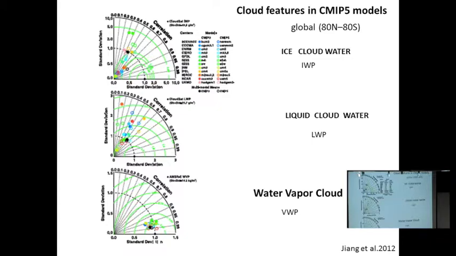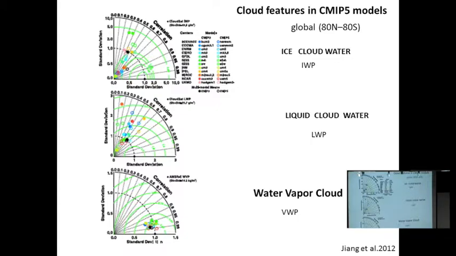Yeah, Taylor diagram. This first one here is for ice in the clouds. This one is for liquid in the cloud. And this is for water vapor.